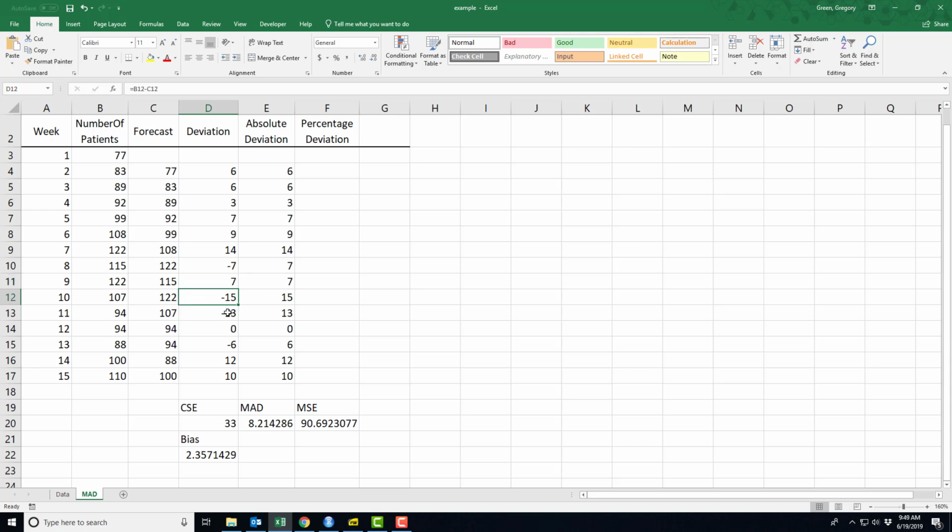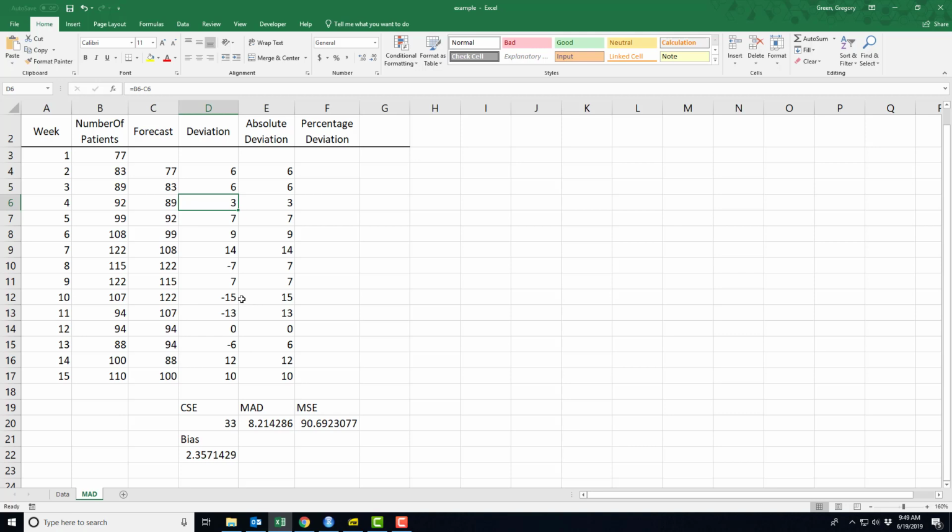So this is adding a lot more to the mean squared error than is this term, and especially this term, whose square is just 9. So the mean squared error picks up on those bad large forecast errors and exaggerates them.